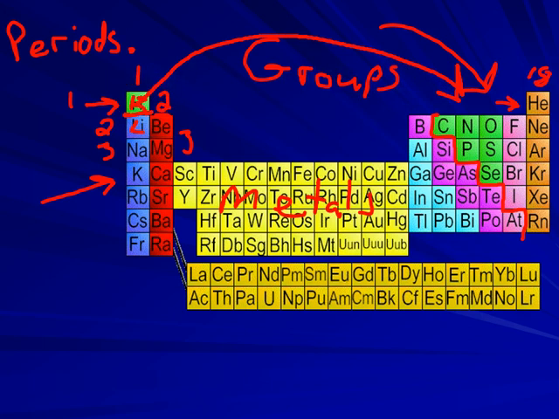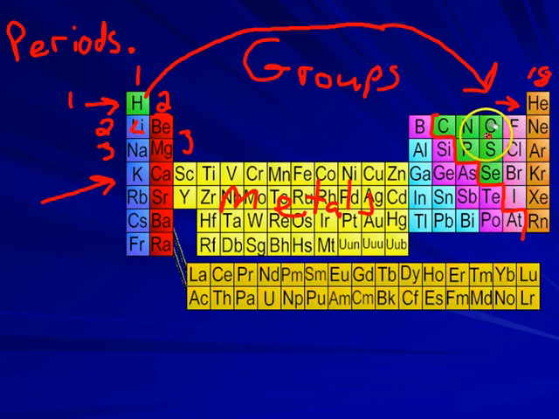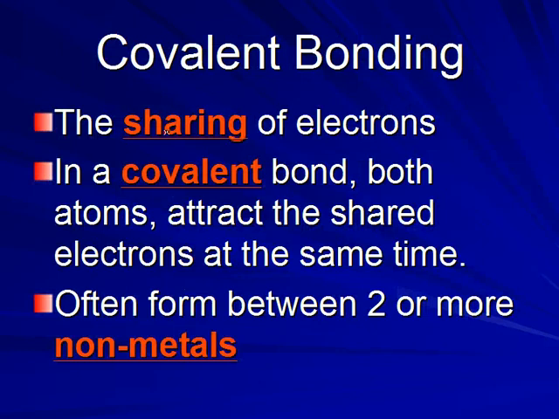You can see hydrogen right there. So hydrogen definitely is a nonmetal, and oxygen is a nonmetal as well. So when it says 2 nonmetals, that's why. Ionic bonding was the giving up. Covalent, remember co meaning two, it's kind of like cooperation, where you work together, you share things. So it's two or more nonmetals.